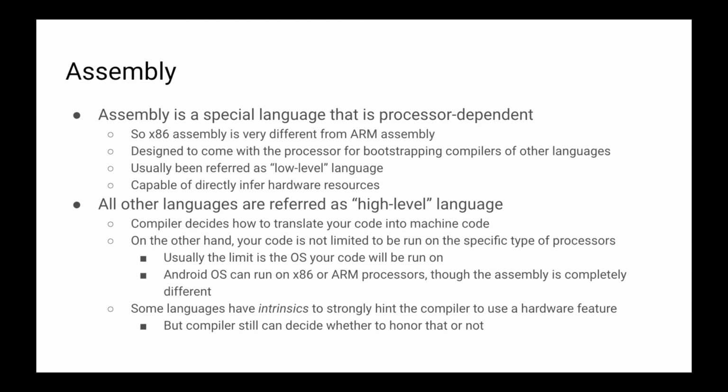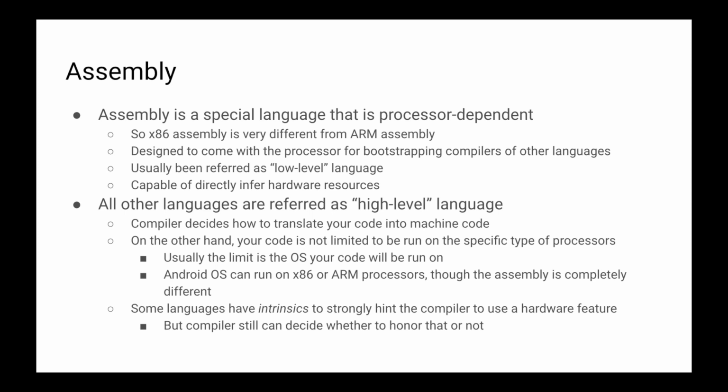On the other hand, all other languages are high-level, meaning they need some conversion to become machine code. That also means they are not bound to a specific processor. Usually the limit is what OS the code will run on. For example, you cannot easily run a Windows program on Android, even attempting to recompile from source code.